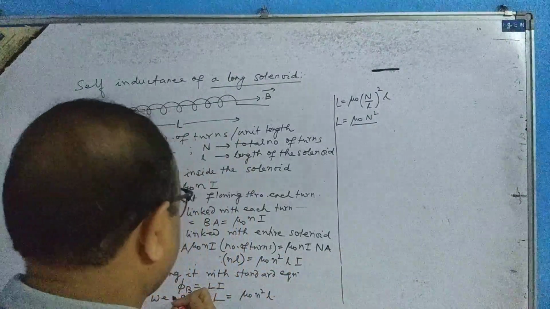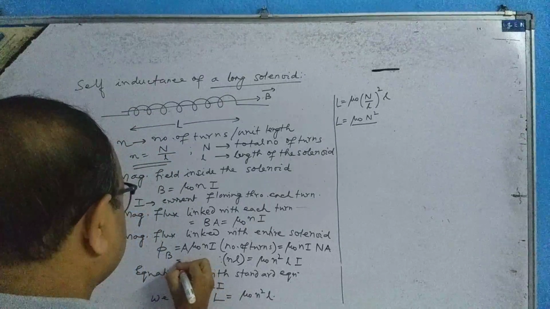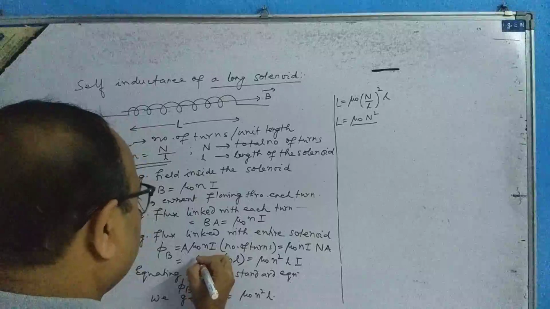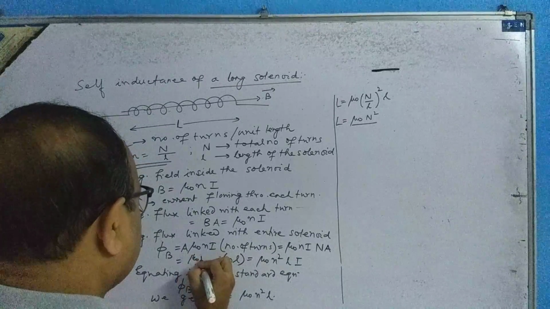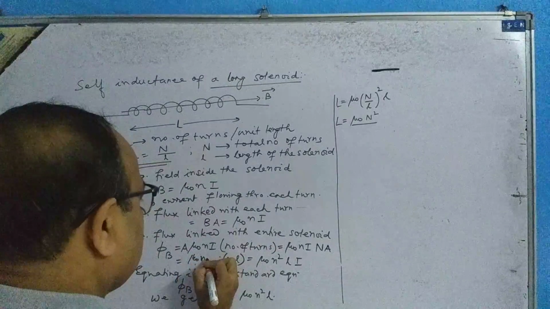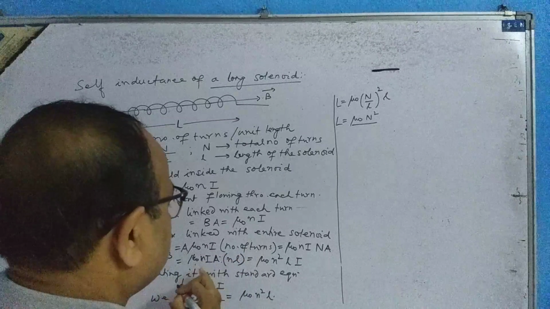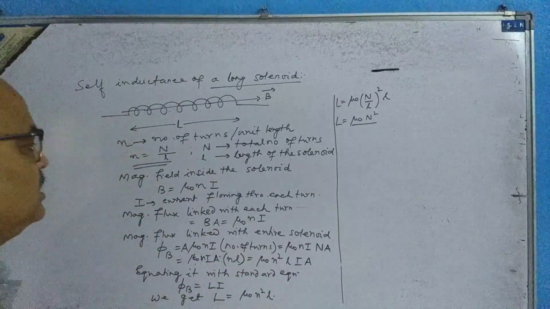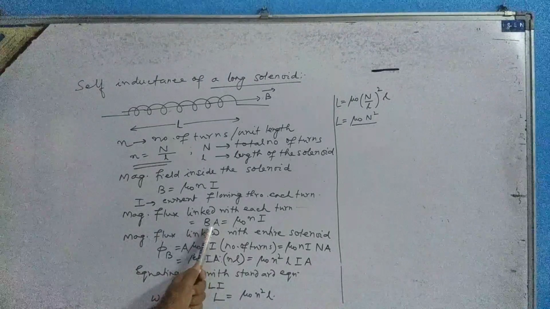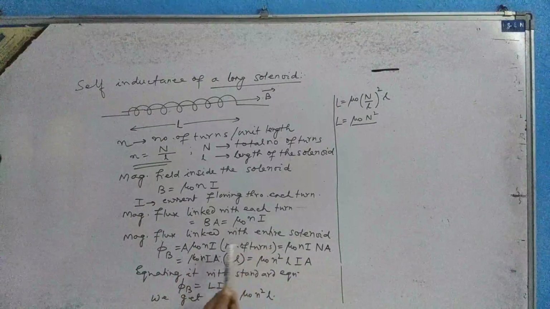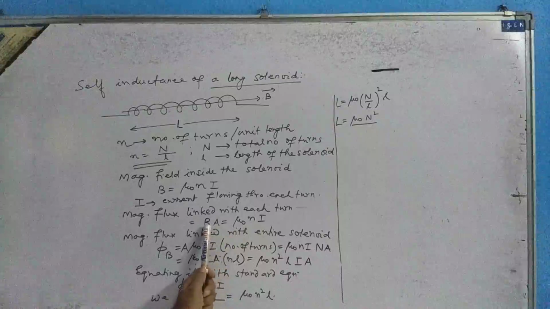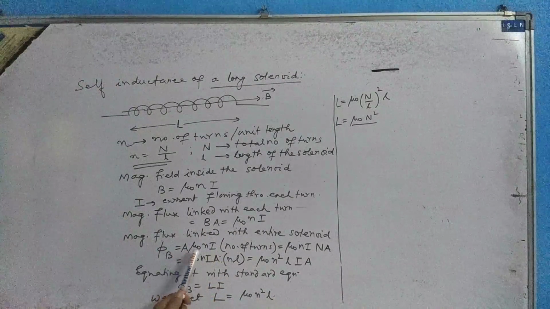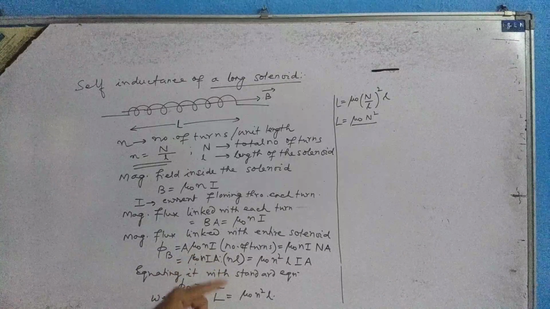Here also it is A. Sorry students, this A was left, because it is magnetic flux linked, this should be B into A, into the total number of turns here.